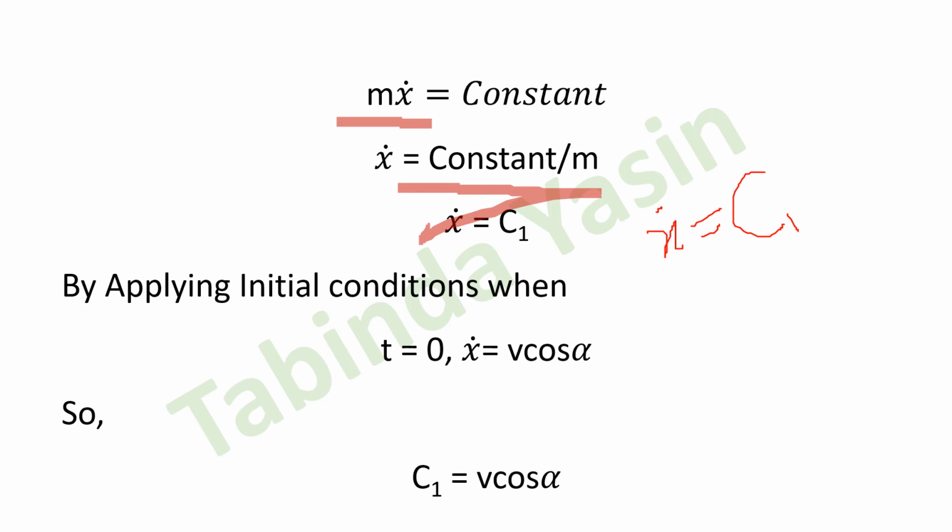Now by applying the initial boundary conditions, we have t is equal to 0. So from the above equation, x dot is equal to v cos alpha. Substituting that value in that equation, we get c1 is equal to v cos alpha.